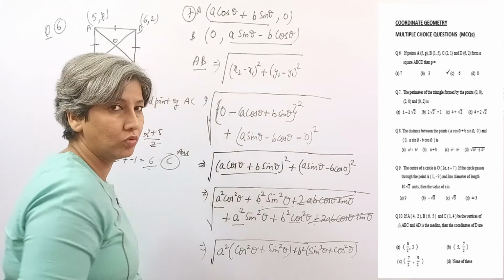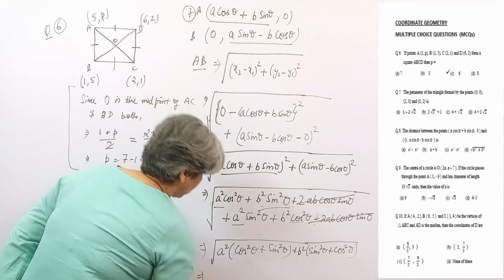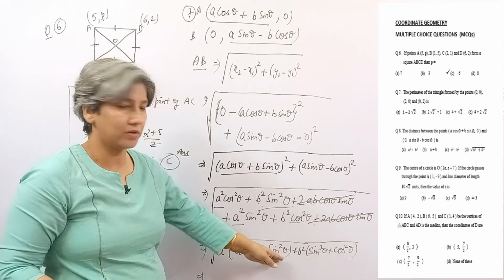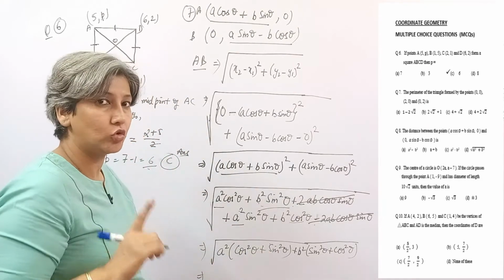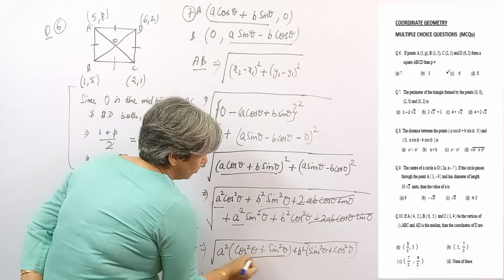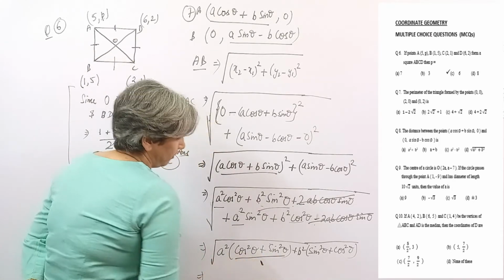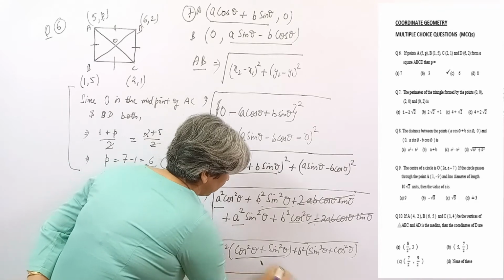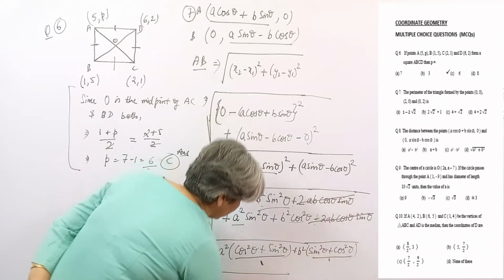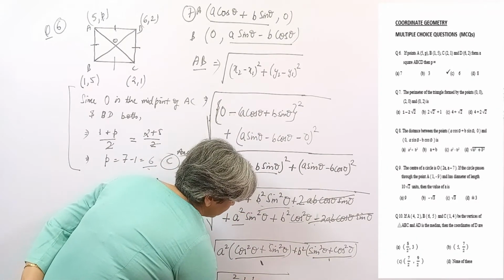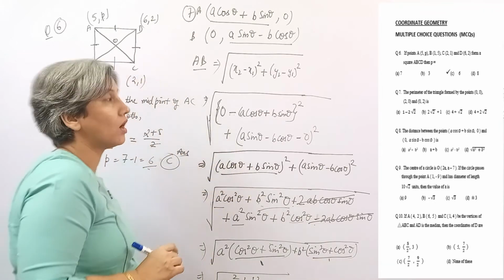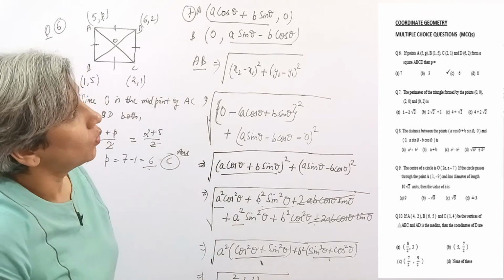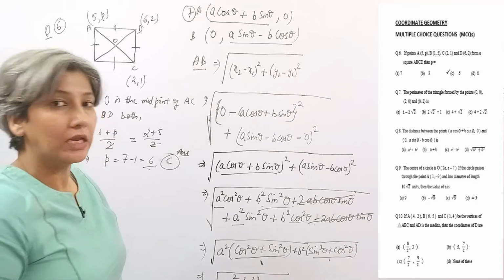Now as we know, sin square theta plus cos square theta, or cos square theta plus sin square theta, the same thing, is equal to 1, right? So obviously this is 1, this is 1, so it comes to a square plus b square, which is the answer for question number 7, which is my D option.